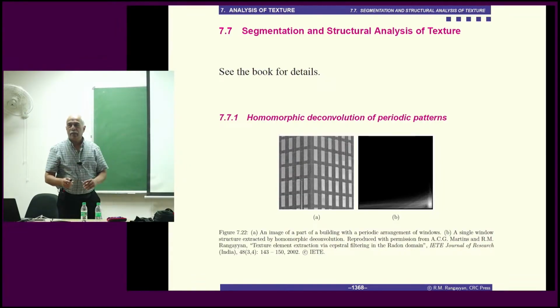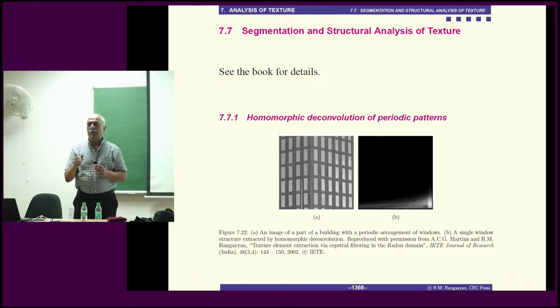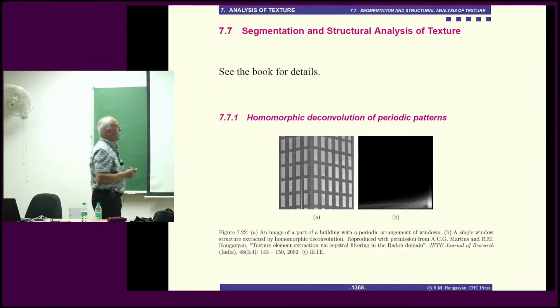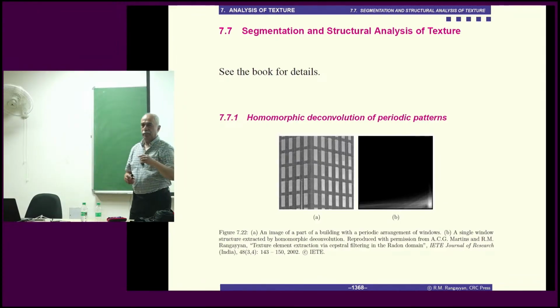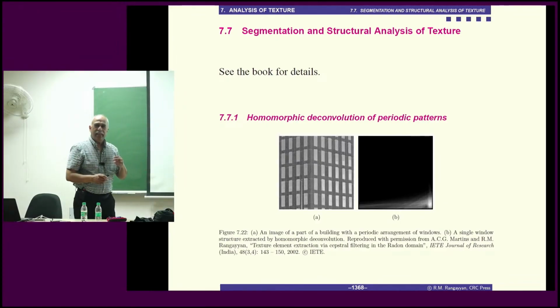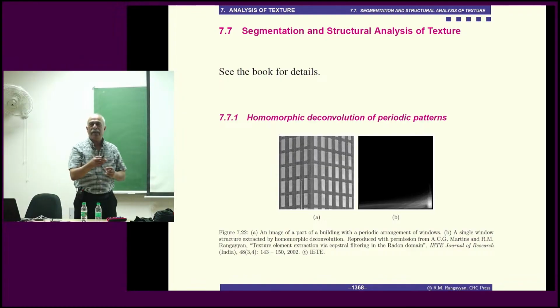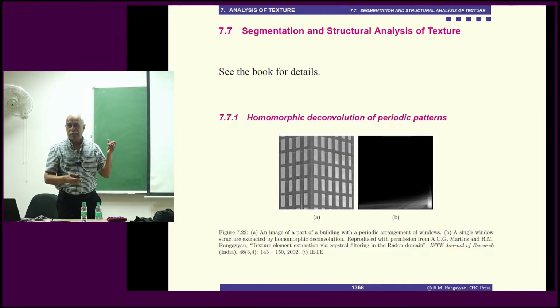So you first take the Fourier transform, that converts convolution to multiplication. Then you take the log, multiplication becomes addition. Then you apply a filter. A low-pass filter will give you one of this. A high-pass filter will give you the impulse train. The impulse train is difficult to extract even for a speech signal because of noise, and you try to do the inverse after the weighting that is required to get the complex cepstrum.